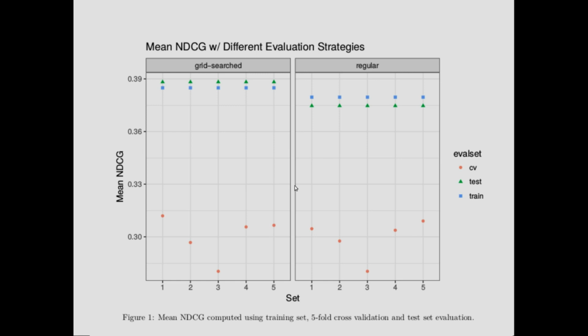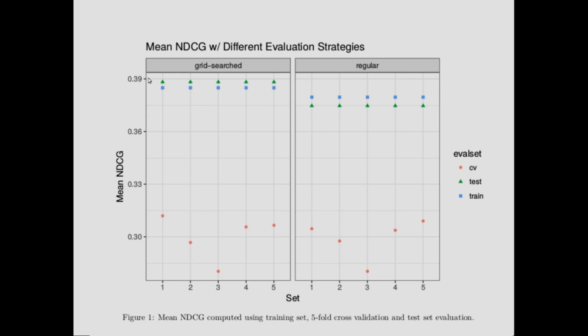So here's the first surprising bit. This plot shows you the mean NDCG with different evaluation strategies. You see the red dots here. They're produced by cross-validation, and they're quite low.